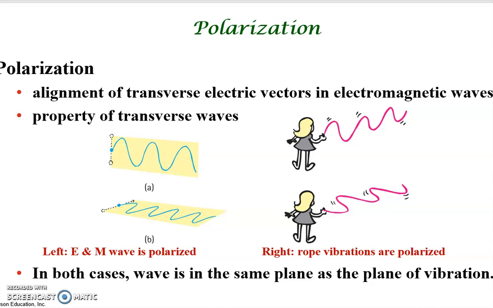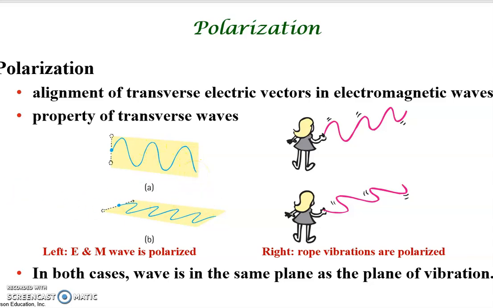So the polarization is the direction of the oscillation of the electric field. For example, if the electric field oscillates up and down, then you can define this as the polarization of the electromagnetic wave.